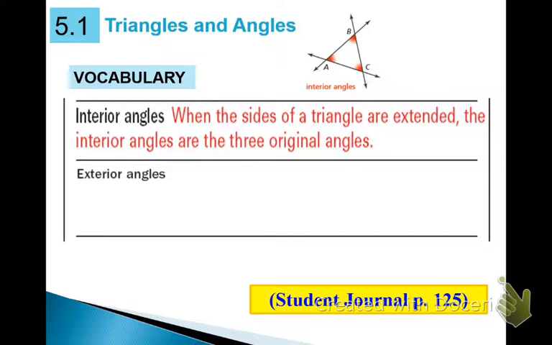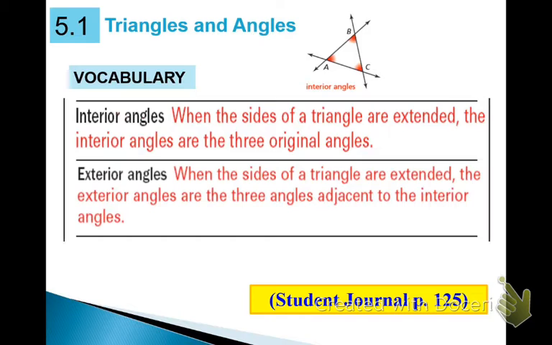The next one, there's no other way for me to make it shorter because there's going to be a theorem about exterior angles. So I would ask you to write down the whole thing. It's a sentence. When the sides of a triangle are extended, the exterior angles are the 3 angles adjacent to the interior angles.